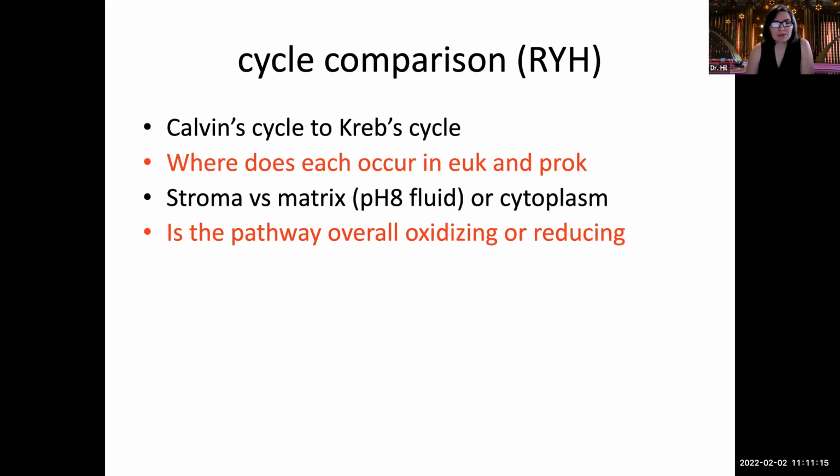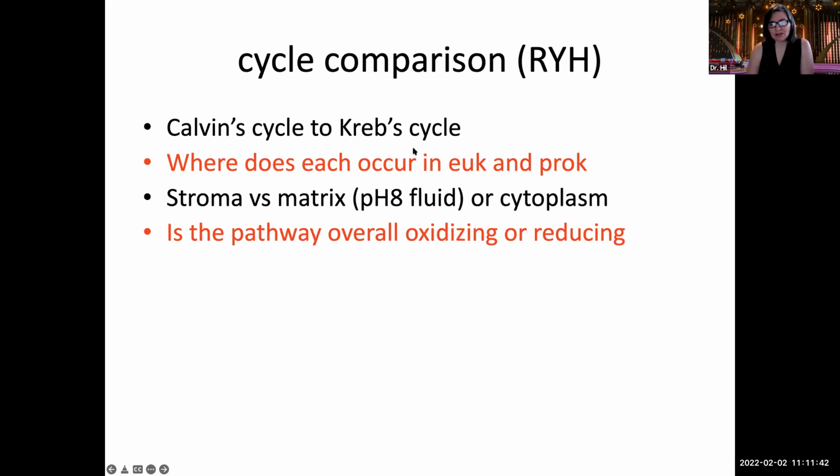So when we think about what's happening, let's start with the Krebs cycle, because that's one you're more familiar with. In the Krebs cycle, we are taking acetate and then we are removing electrons and putting them onto NAD+, making NADH. So would that make the Krebs cycle overall oxidizing or reducing? In terms of the pyruvate or the acetate that came into it, what's happening to the acetate?